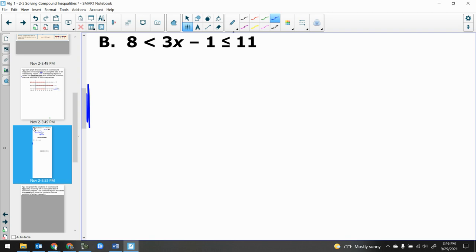All right, so how would I solve just one side of this inequality? Like if I just ignored that less than or equal to 11, well, I would add 1 here. Remember, do our addition and subtraction. Well, if I add 1 to the middle, I've got to add 1 to both sides. Okay, 9, 3x, 12. All right, well, I would divide by 3 to get this to go away.